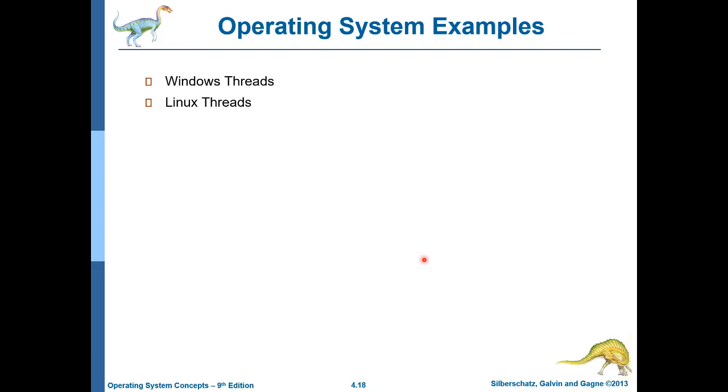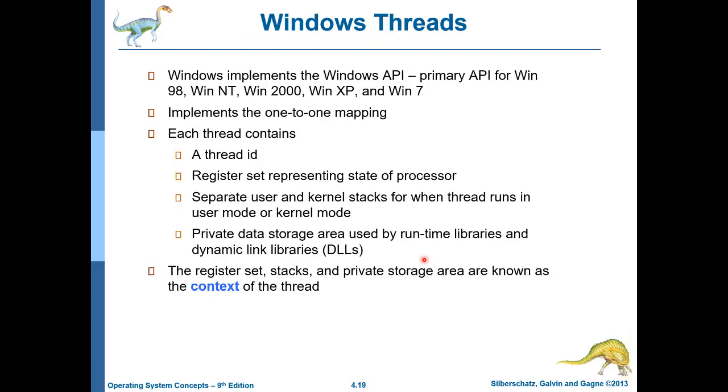So operating system examples are Windows threads and Linux threads. The code examples they are giving in the book, we are not going into the detail, but just trying to understand how threads work. So first we take the example of Windows threads.